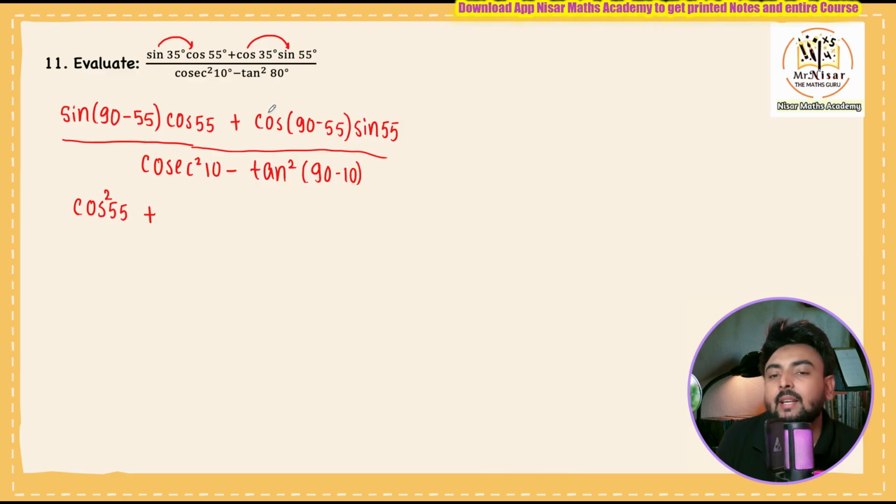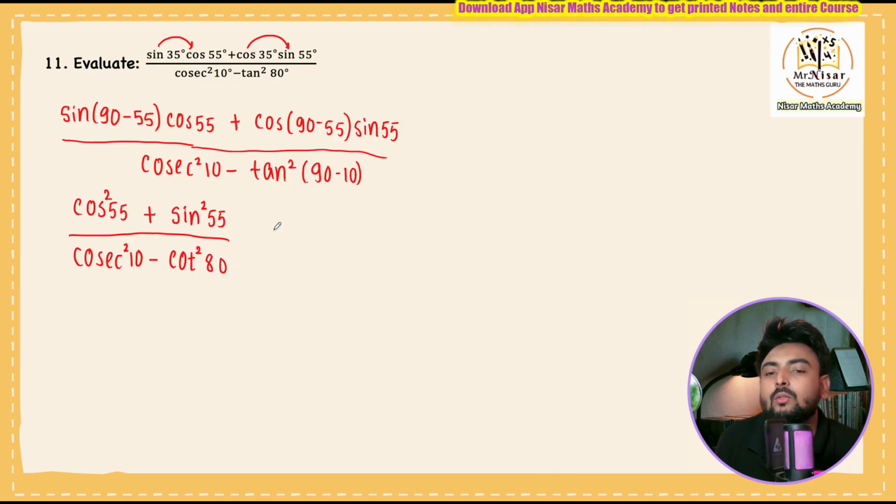Here cos 90 minus theta is sine 55, and sine 55 into sine 55, I'll write sine square 55. And in the downside we have cosec square 10 minus tan square 90 minus 10. Tan is complementary to cot, so it is cot square 10. Tan square 90 minus theta is cot theta, so theta value is 10 here.